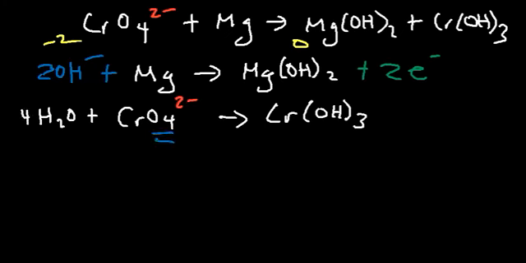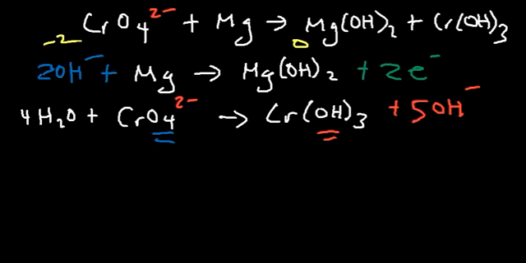Let's add 4 water molecules. So on the left side we have 8 hydrogen atoms and 8 oxygen atoms, which is basically saying we have 8 hydroxide ions. And we have 3 hydroxide ions on the right side. 8 minus 3 is 5. So we need 5 hydroxide ions on the right side. And notice that it's balanced. We have 8 hydrogen atoms on both sides, 8 oxygen atoms on both sides. Well, fortunately that worked out pretty well.